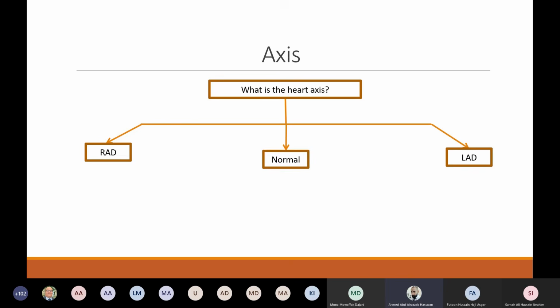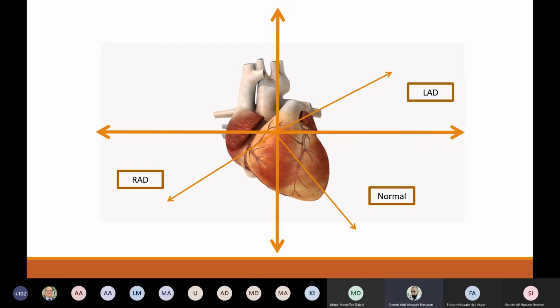Now how do we know this? The basics of the heart axis are very simple. The heart axis is, at the end, a vector of the heart electricity, and usually it points towards the apex, because this is the bulkiest part and has the most muscle of the heart.